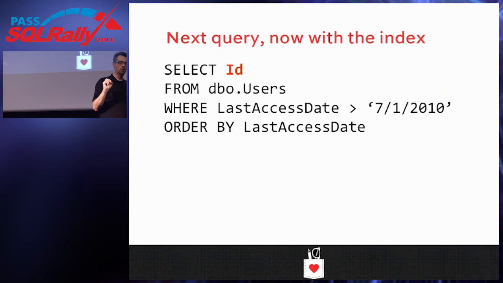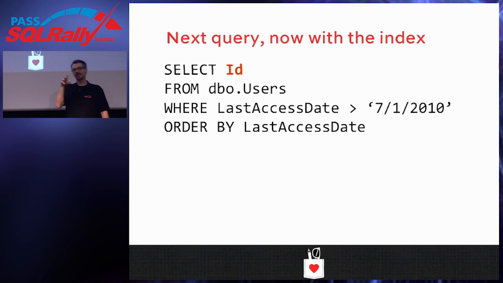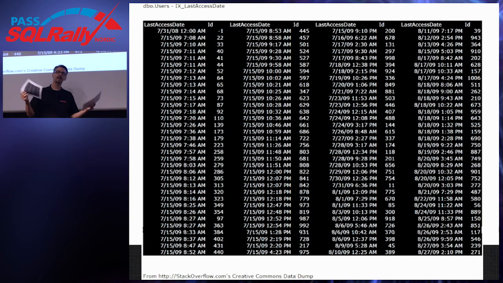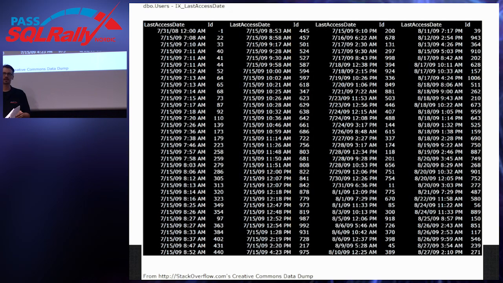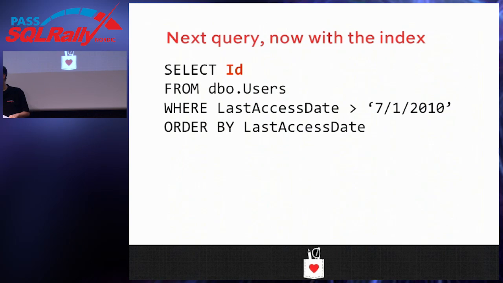So now I've got another query again. Select ID from users where the last access date is greater than 7/1, order by the last access date. Given those now that you have 2 indexes, you have your white copy and you have your black copy, how do you go about executing that? Show the query again for a second.